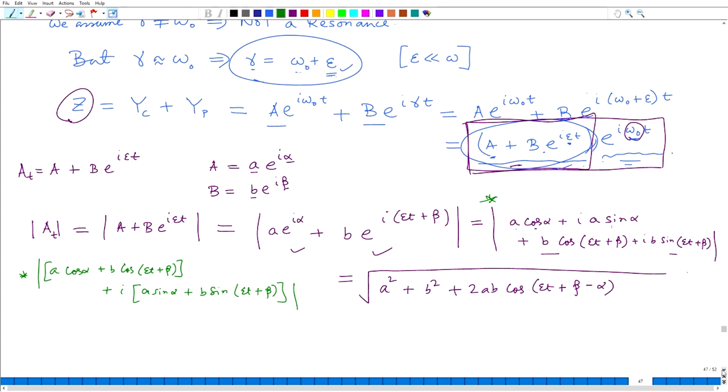And the modulus of this, it is like a plus I b type of thing, so it will be A cos alpha plus B cos epsilon t plus beta whole square, plus A sin alpha plus B sin epsilon t plus beta whole square. Yes, so this is what it is.